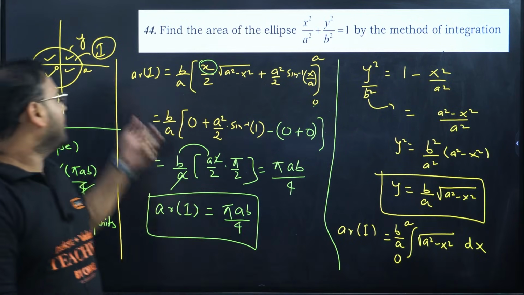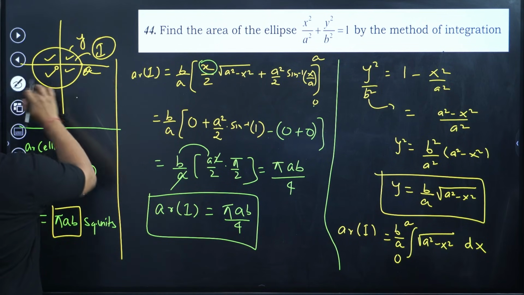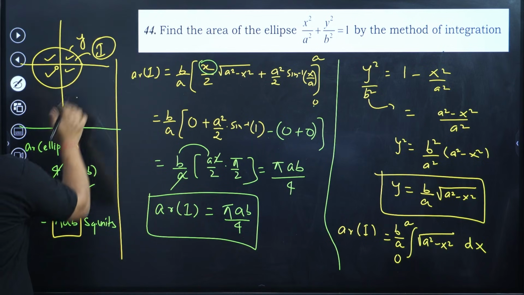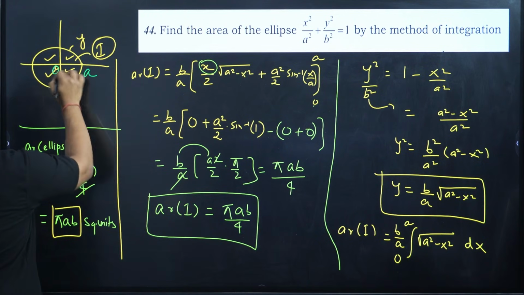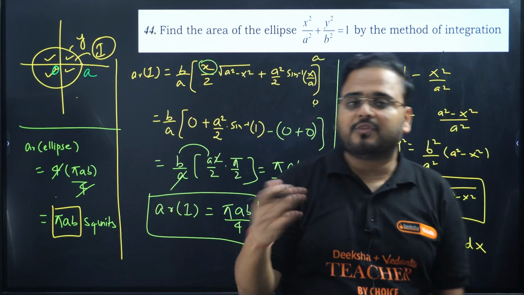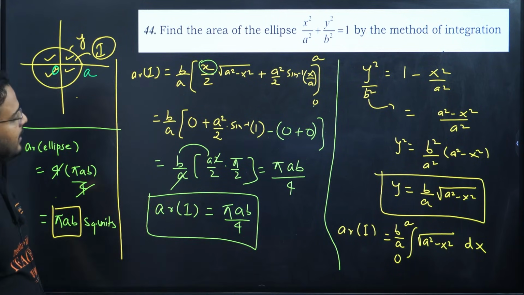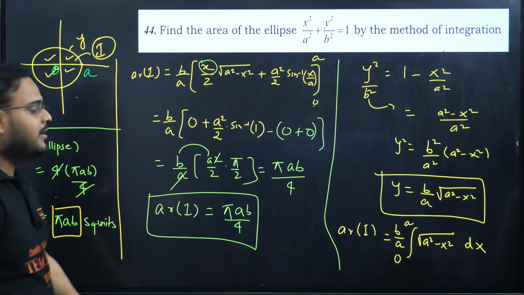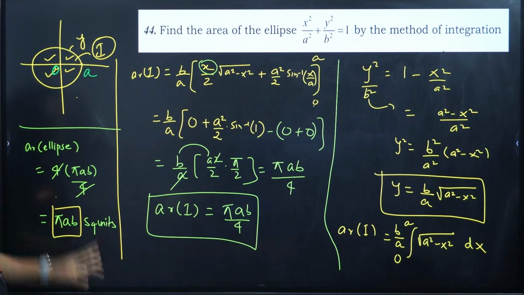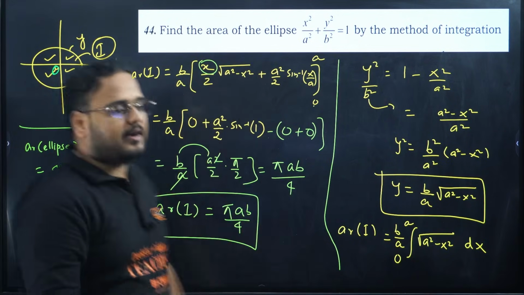What did we do? We found only one part under the limit 0 to a. We got y as the subject in terms of x, integrated using the particular function, and got pi ab by 4 for one section. We have a total of 4 sections, so we multiplied by 4 to get the answer. Clear? Yes? Continue.